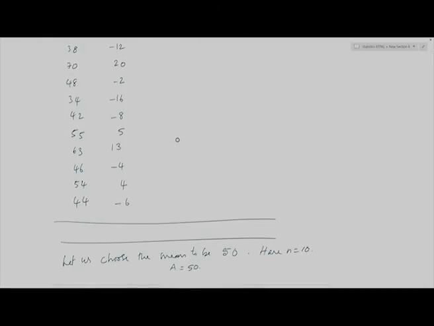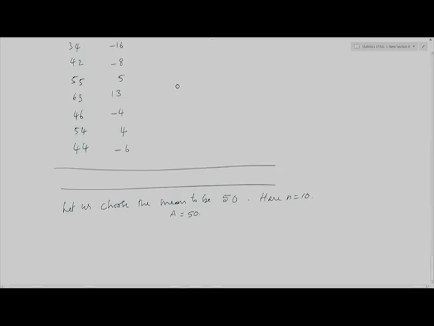Now, the formula, you have seen in the previous lecture, the variance sigma square is equal to 1 by n sigma di square minus sigma di divided by n whole square. Okay. So, what I need is sigma di and the sigma di square.